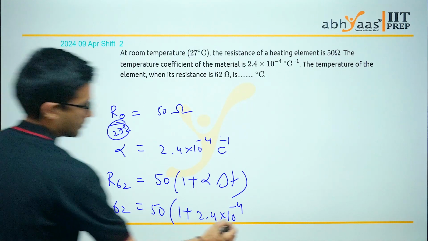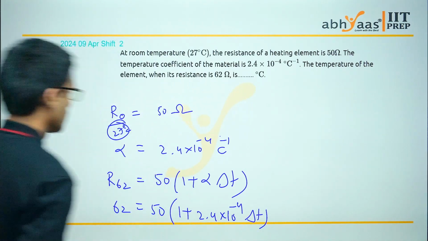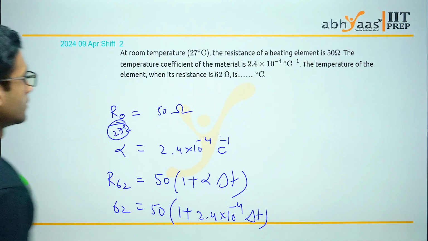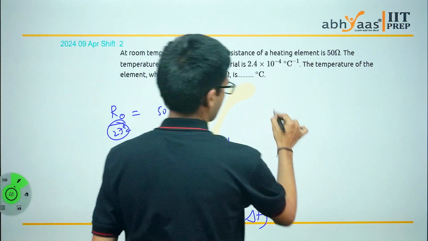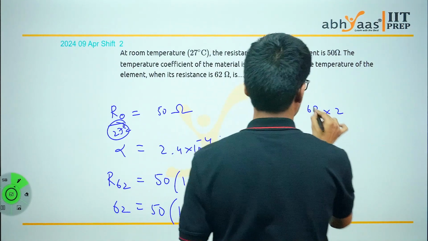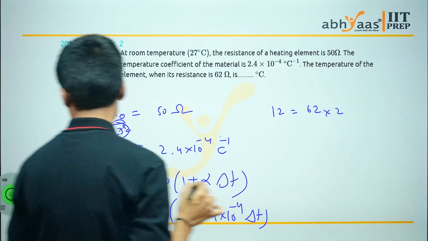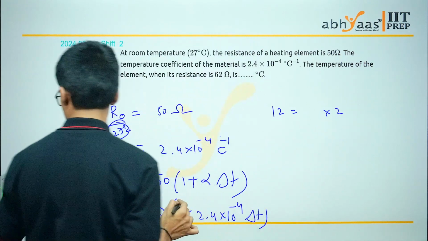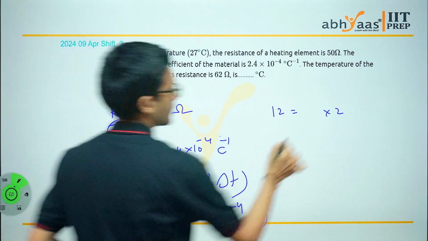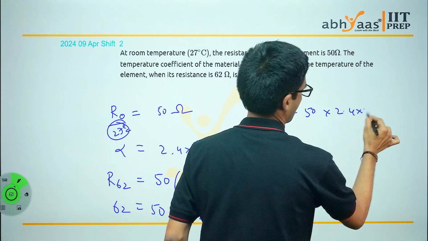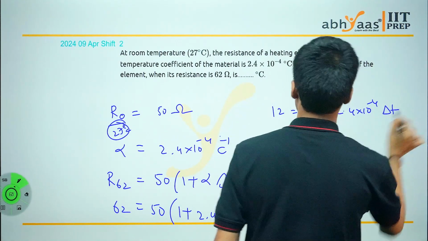Taking the difference, 62 minus 50 is 12, equal to 50 into 2.4 into 10 power of minus 4 into delta t.